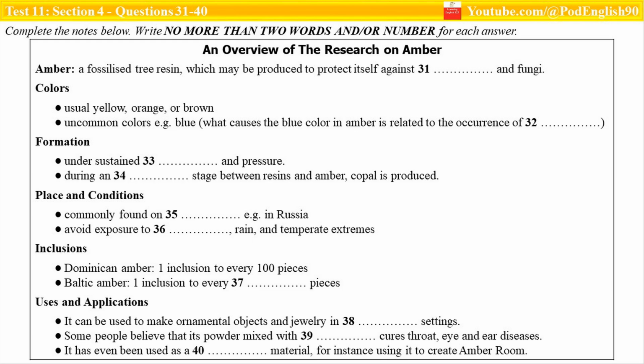Here, the resin is washed up on the coast after being dislodged from the ocean floor by years of water and ocean currents. However, exposure to sunlight, rain, and temperate extremes tends to disintegrate resin. This also indicates that amber is not really an ideal fossil preservative for most uses.